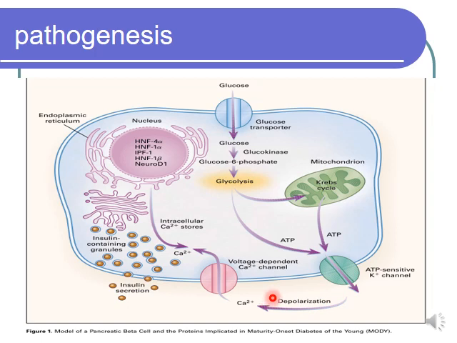This leads to depolarization and opening of the calcium channel, which causes the insulin containing granules to secrete, with involvement of the nucleus and the enzymes. So any defect in these factors can lead to beta cell dysfunction, and this is the pathogenesis of maturity onset diabetes of the young. Important enzymes or genes could be in defect.